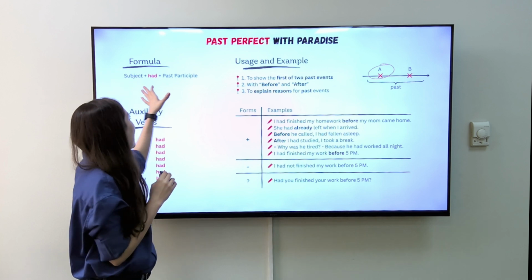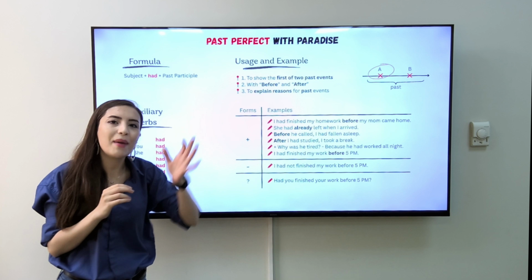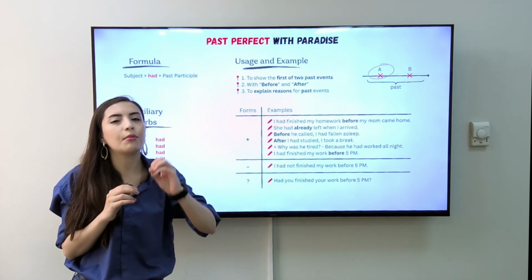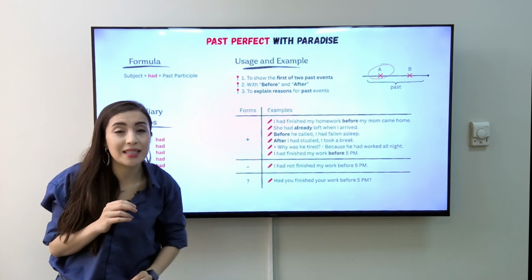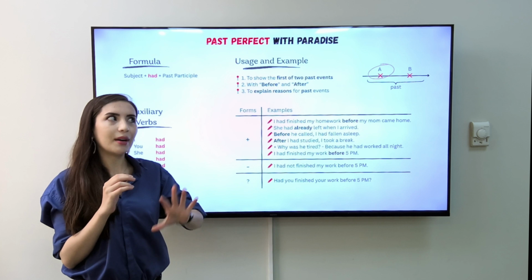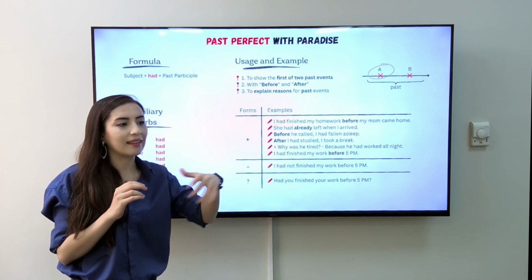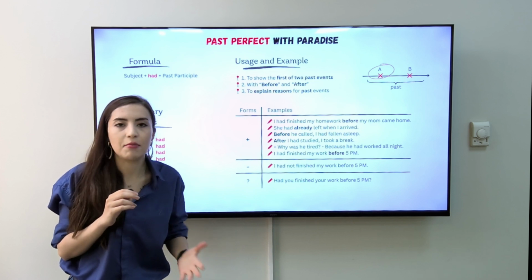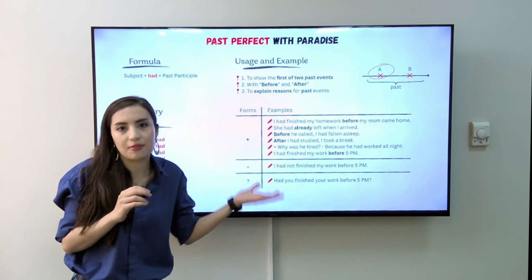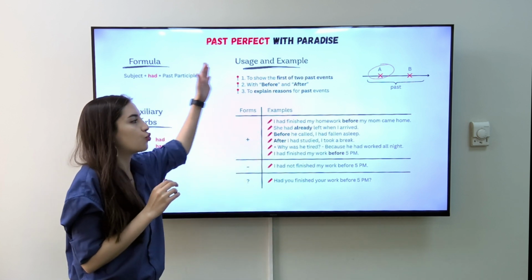The formula is subject plus had plus past participle. You know past participle? Remember in the previous videos, in the part where we were talking about simple past, we were talking about those types of verbs that were like bad boys and had their own way when we wanted to make them in the simple past form. Okay, remember that table that had 3 columns?